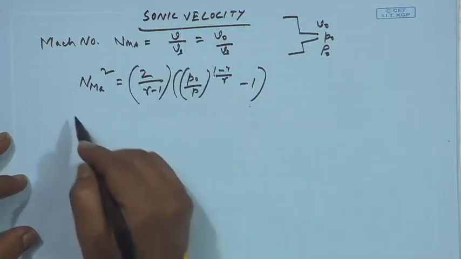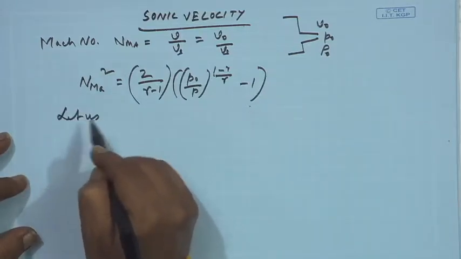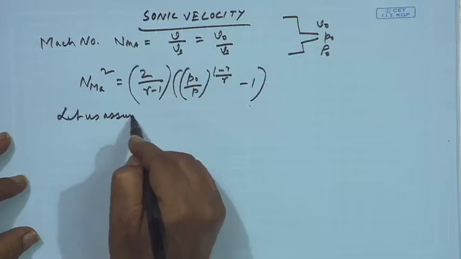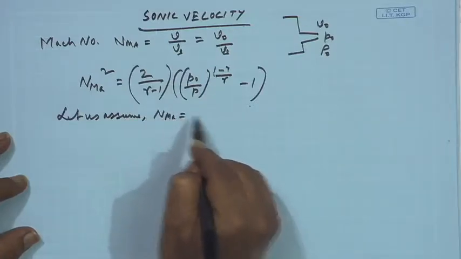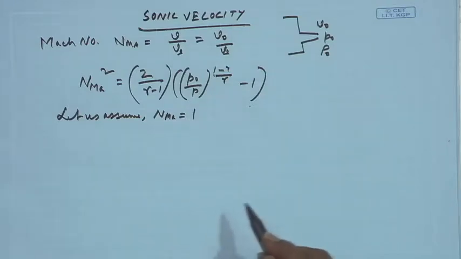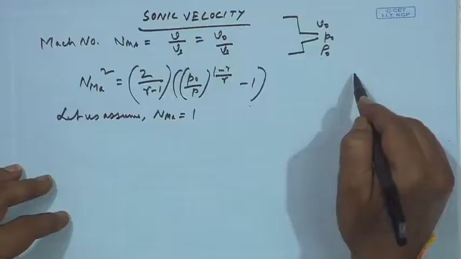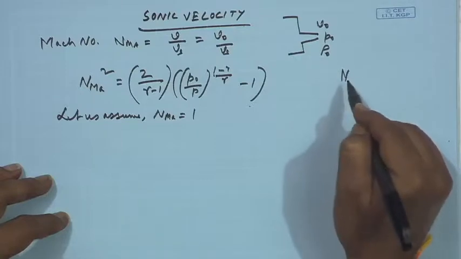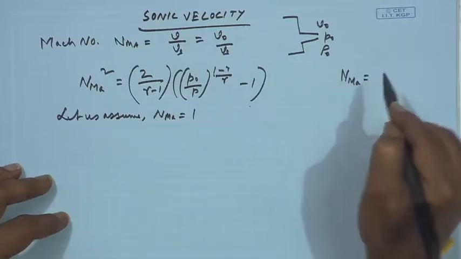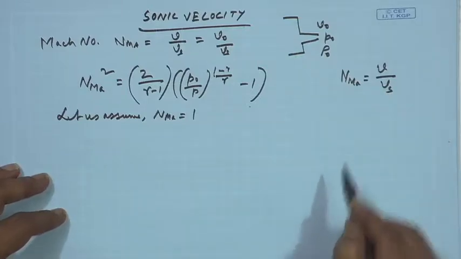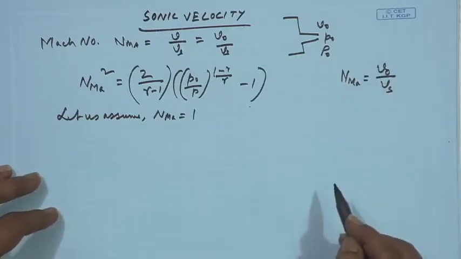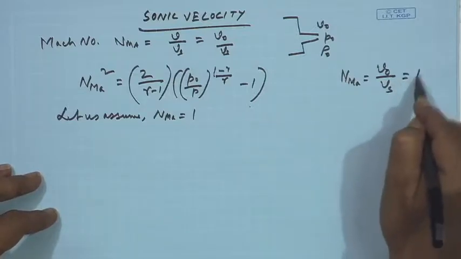Now, let us assume that Mach number NMA is equal to 1. What does Mach number equal to 1 mean? From the definition of Mach number, NMA was V by Vs, or V0 at the tip by Vs, and this is equal to 1.